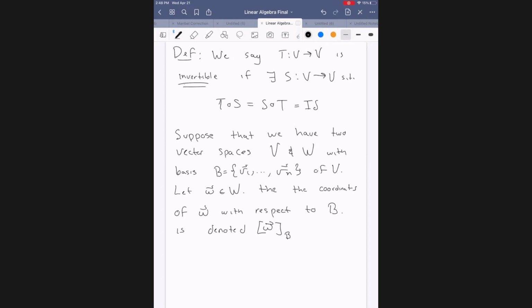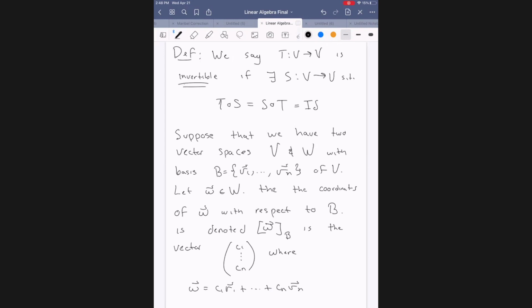And how do you find that? Well, it is the vector C1 through Cn, where W is equal to C1 V1 plus all the way to Cn Vn.